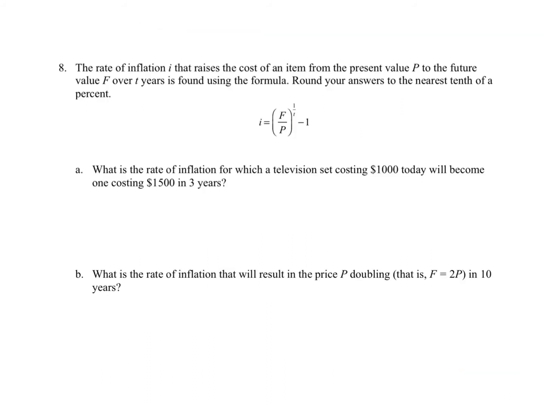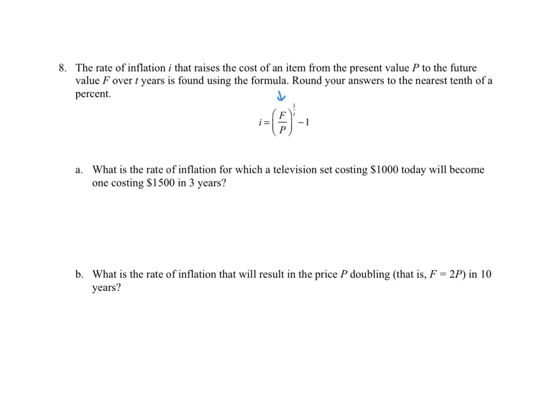Here's an example of a problem in context that involves rational exponents. The rate of inflation, I, that raises the cost of an item from the present value P to the future value F over T years is found using the formula below. Round your answers to the nearest tenth of a percent.